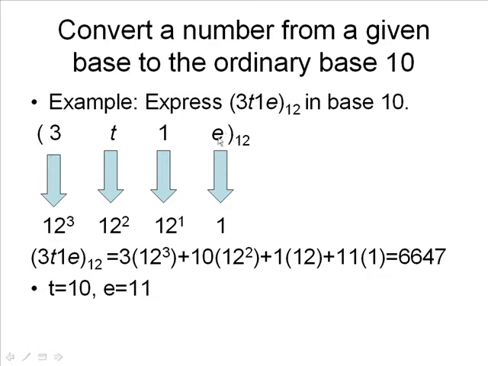So we have 3 times 12 cubed plus T, which is 10 in the duodecimal system, times 12 squared plus 1 times 12, plus E, which is 11 in the duodecimal system, times 1. And this gives us the answer.